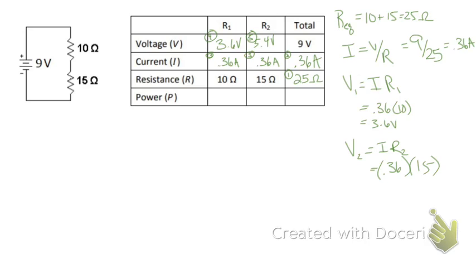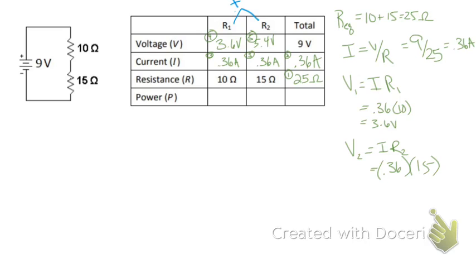Now note, guys, that if I add this one and this one together, it equals 9, which makes sense because the voltage decreases around. Okay, once you've got that, then it just becomes power equals current times voltage.